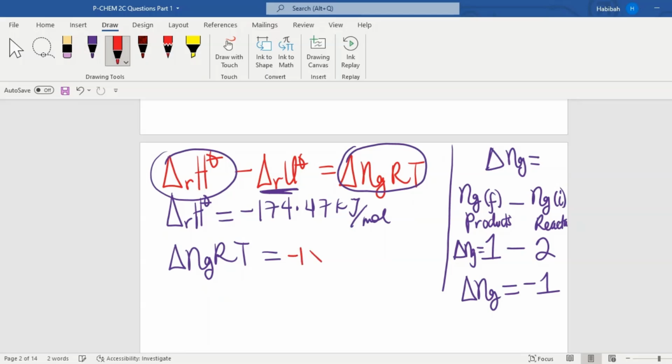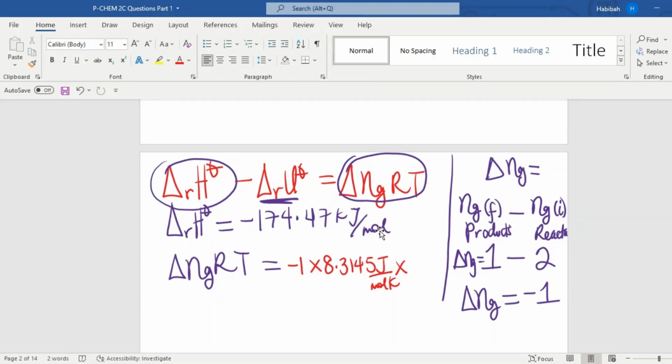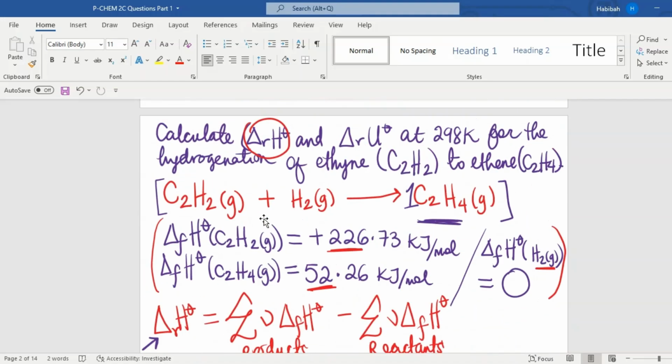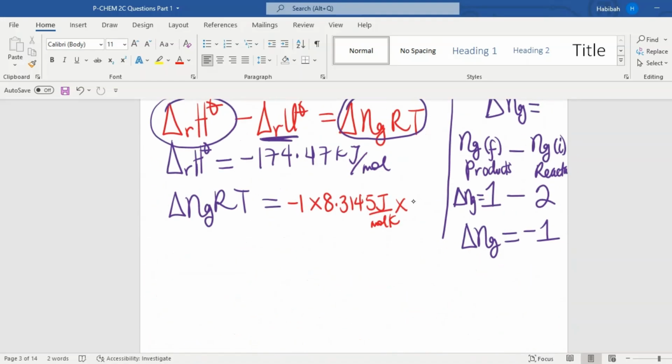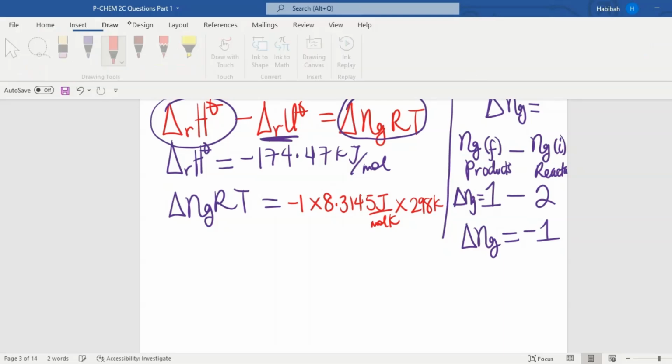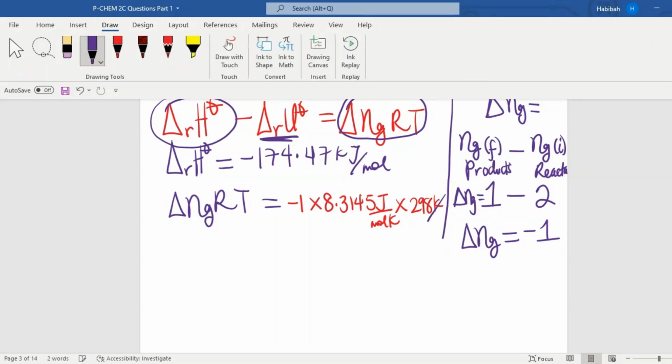So yeah, we're now just going to put this information here. We have -1 times R, which is the common gas constant, 8.3145 joule per mole Kelvin, times the temperature, which we're given at the beginning of the class, 298 Kelvins. Let's cancel out the Kelvin. So the change in n_g RT becomes -1 times 8.3145 times 298, and that's going to give us -2477.72 joules per mole.